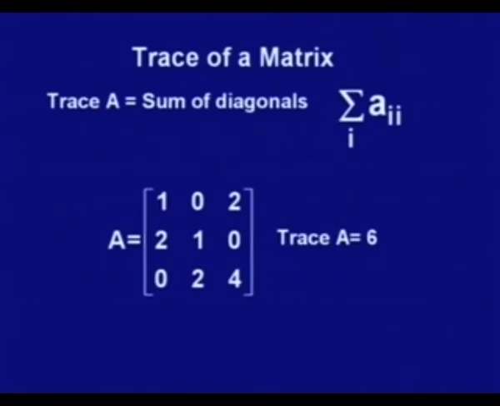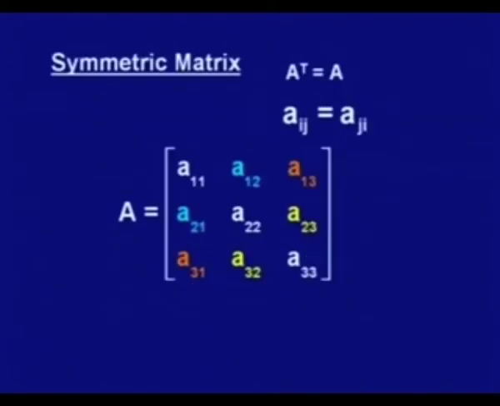Now, we define some special types of matrices. The first is the symmetric matrix. The symmetric matrix is the matrix which is the same as its transpose, that is A transpose is equal to A for a symmetric matrix, and by this I mean that the ijth element is the same as the jith element.